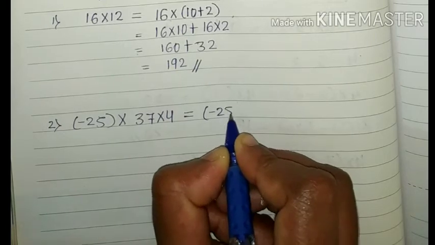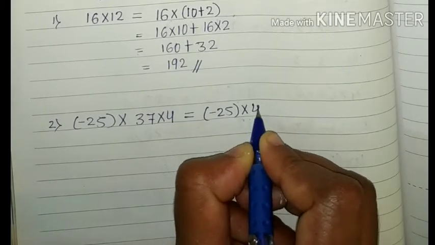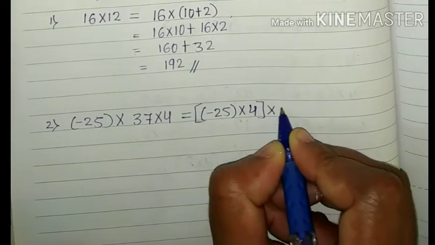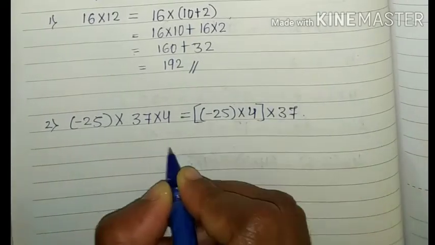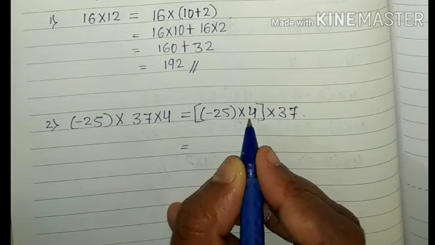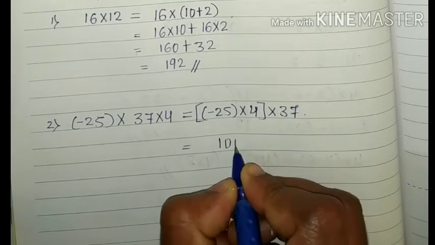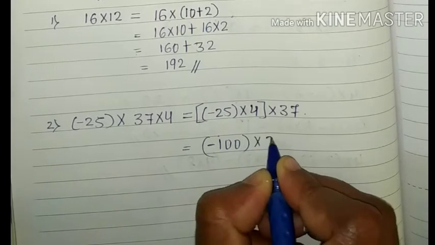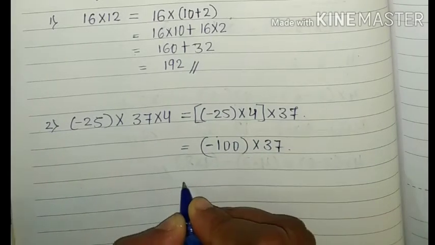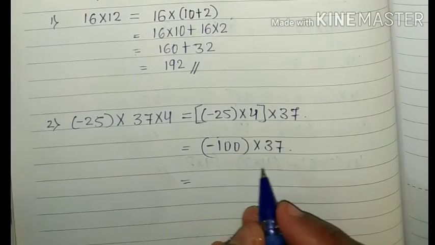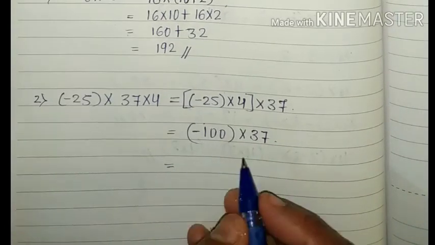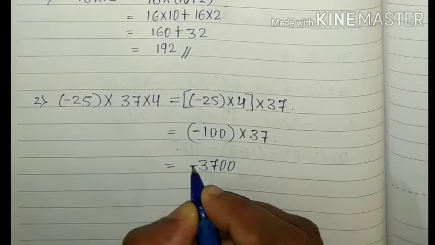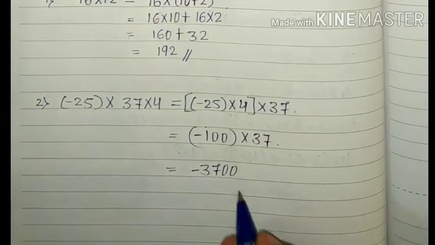Minus 25 into 4. First I multiply these two, then I will multiply 37. 25 fours are what? 100. So minus 100 into 37. It is very simple. 37 into 100 is what? 3700. So minus 3700.